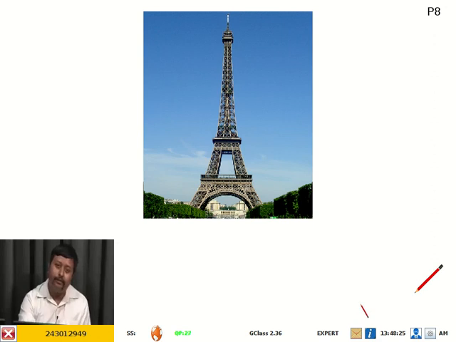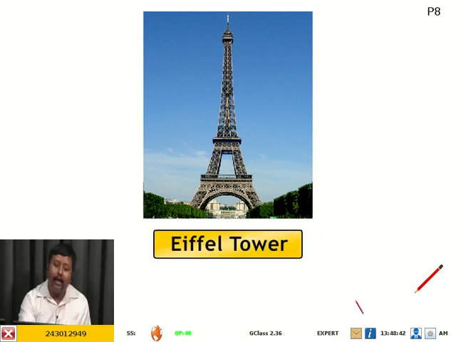What's that? What is that? It's a very tall tower, isn't it? So what is the name of this one? It's called Eiffel Tower. Where is this one? Eiffel Tower is in France, and the place where it is located is called Paris.